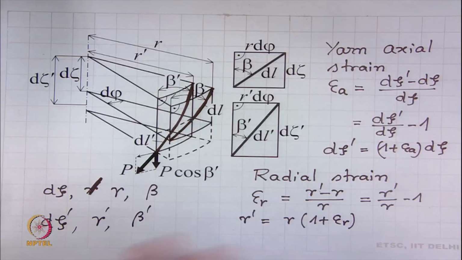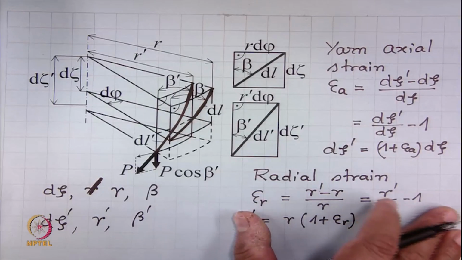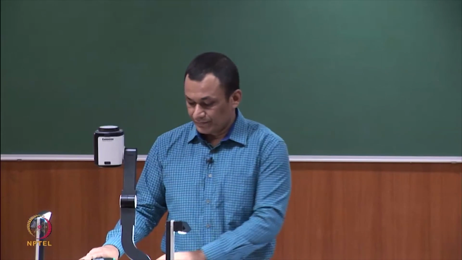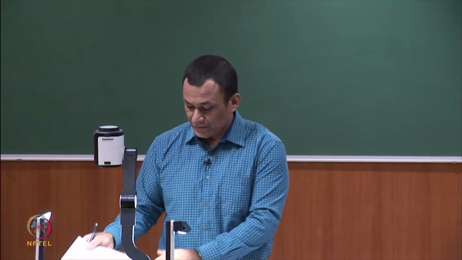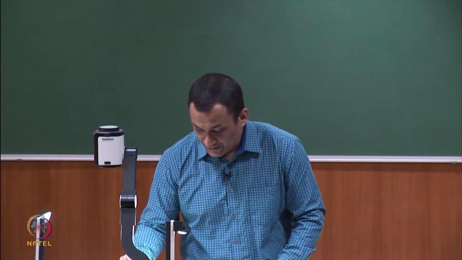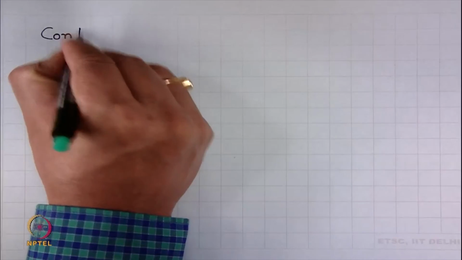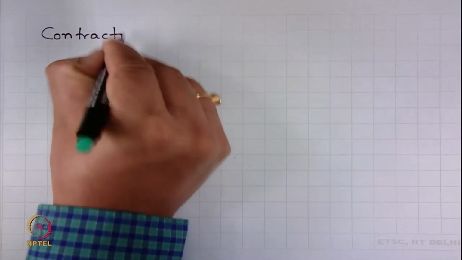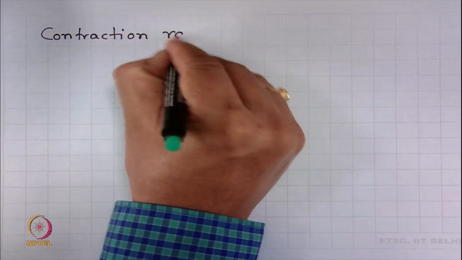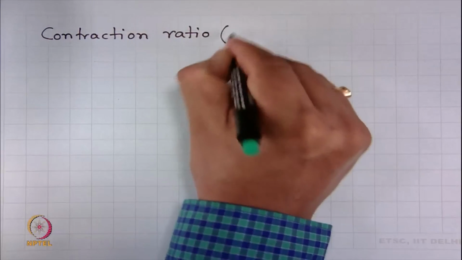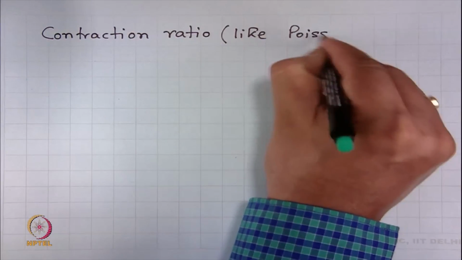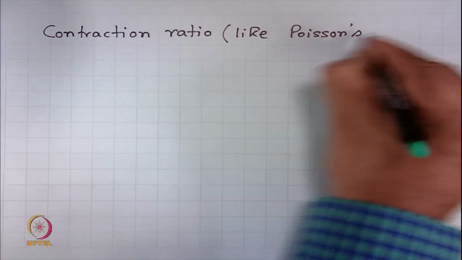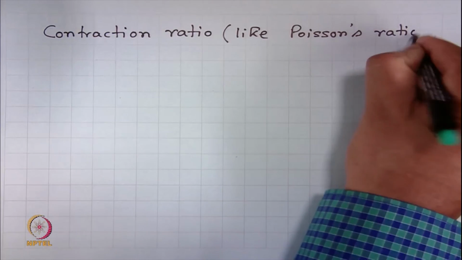Then we define contraction ratio similar to Poisson's ratio. What is Poisson's ratio? It is the ratio of radial strain by axial strain. So, we define contraction ratio, which is like Poisson's ratio.